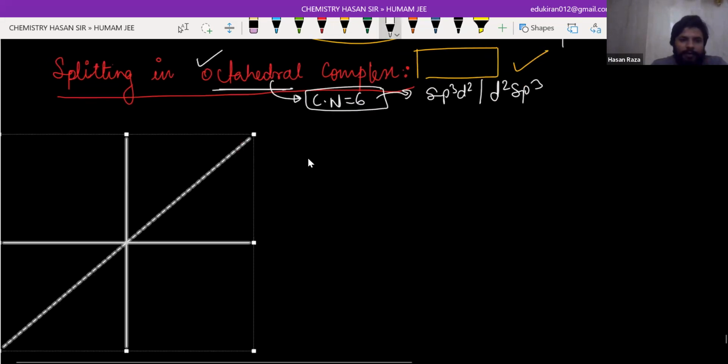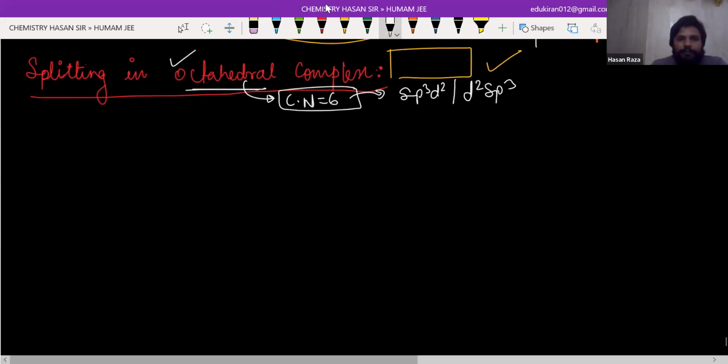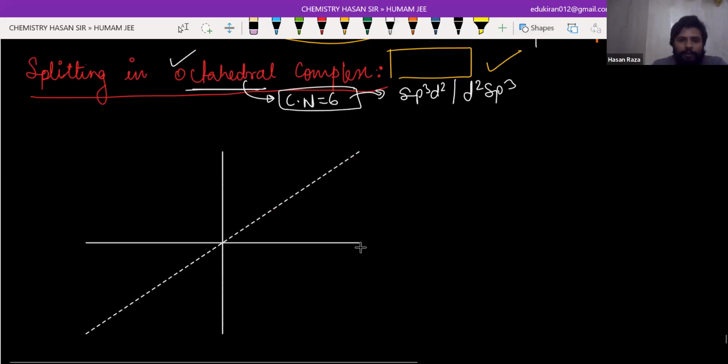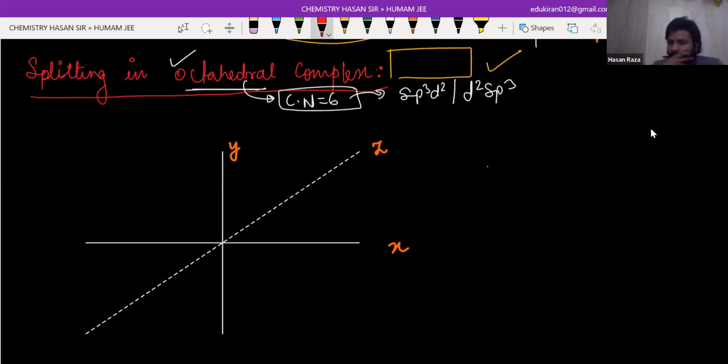Now I'm going to draw this. See, you know that this is your y-axis, this is your x-axis and this is your z-axis. Ligands can approach from anywhere, but basically proper orientation should be there.